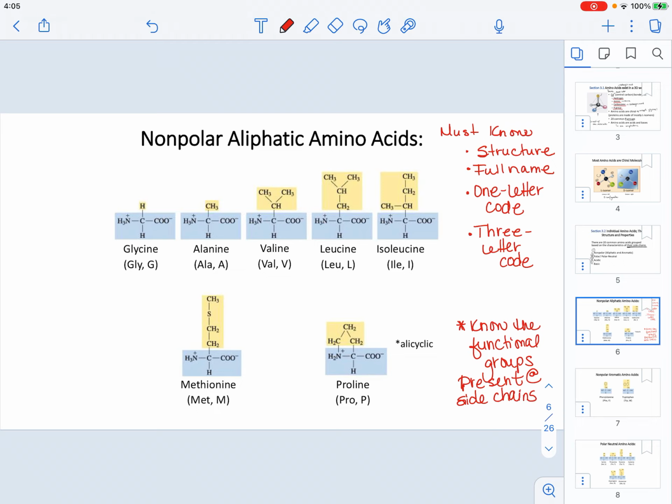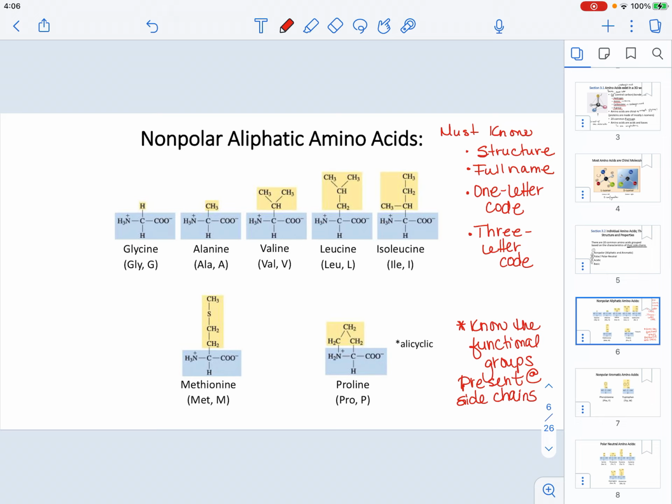So one thing that you can notice here is that glycine, alanine, valine, well, mainly alanine, valine, leucine, isoleucine are going to have alkyl groups as a side chain. Because glycine, as I mentioned before, is the only amino acid that is not chiral, because as you can see, it has two identical groups bonded to the alpha carbon. So alanine, valine, leucine, isoleucine will have an alkyl group, so an alkane, in a way, chain as its side chain.